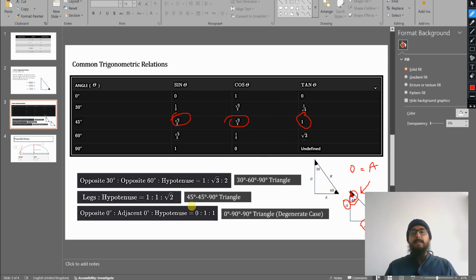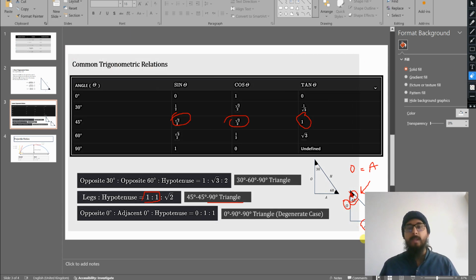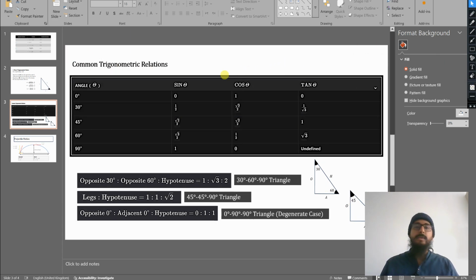So there is a 1:1 ratio between sine theta and cos theta in a 45-45 degree right angle triangle. This is the case I like the most because it is very easy and makes the problem easier. Now just remember these ratios and these relations.